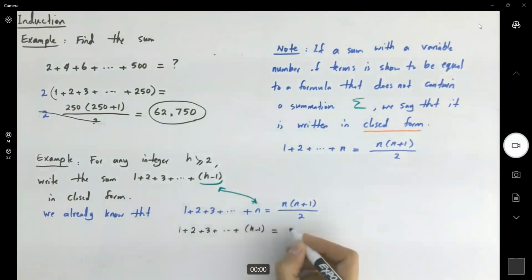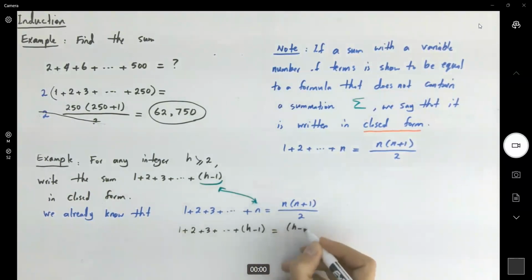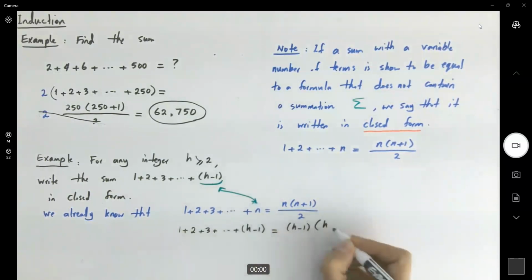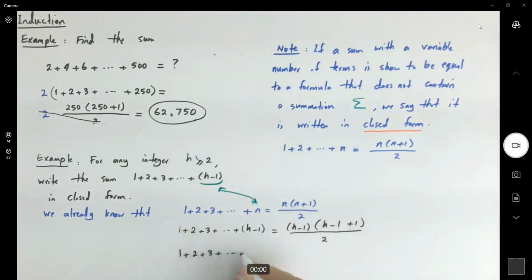h minus 1. Now, wherever you see n, you're going to use h minus 1. So we have h minus 1, parentheses, h minus 1 plus 1, divided by 2. So the sum of 1, 2, 3, up to h minus 1 can be written as h minus 1 times h divided by 2.